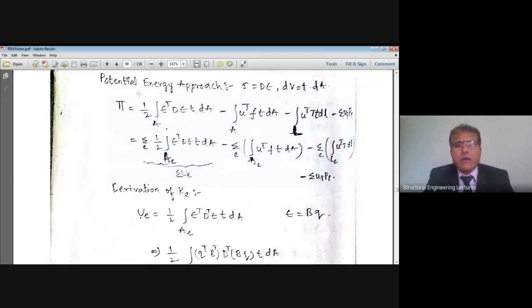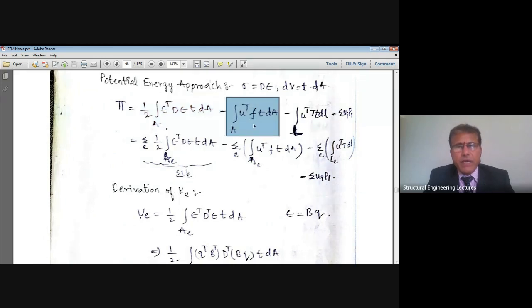That is the strain energy of all the elements, right?